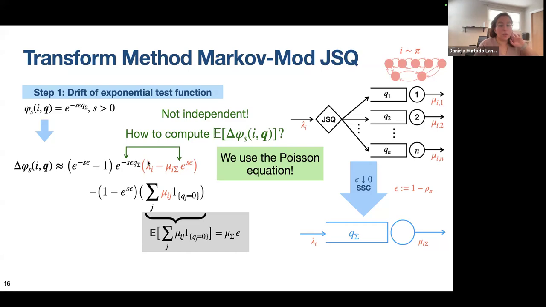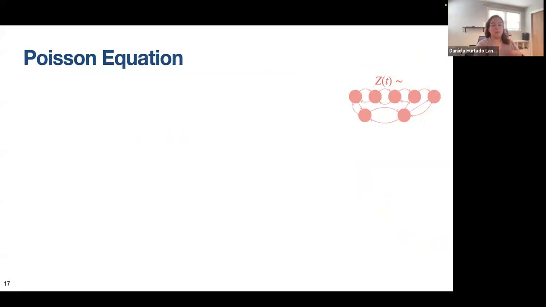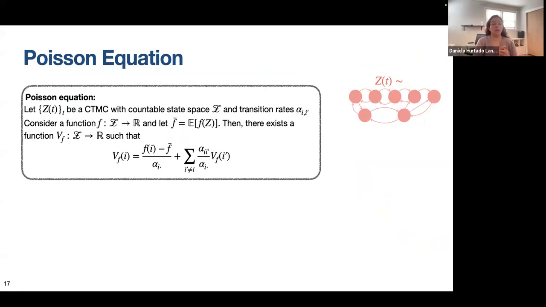We're going to use a Poisson equation to separate this expectation. So let me tell you what a Poisson equation is. For any continuous time Markov chain with countable state space Z, such as here, we use alpha to denote the transition rates. Then we consider a function f, which has a finite expectation f bar. The Poisson equation says there exists a function vf from the state space to real numbers that satisfies this equation.